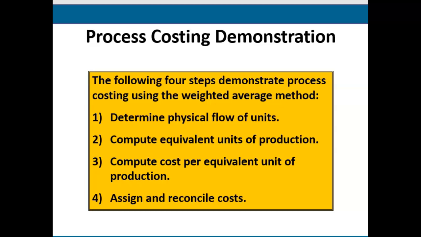Basically, there's 4 steps here that you need to go through. We want to determine the physical flow of units, compute equivalent units of production, compute cost per equivalent unit of production, and assign and reconcile costs.